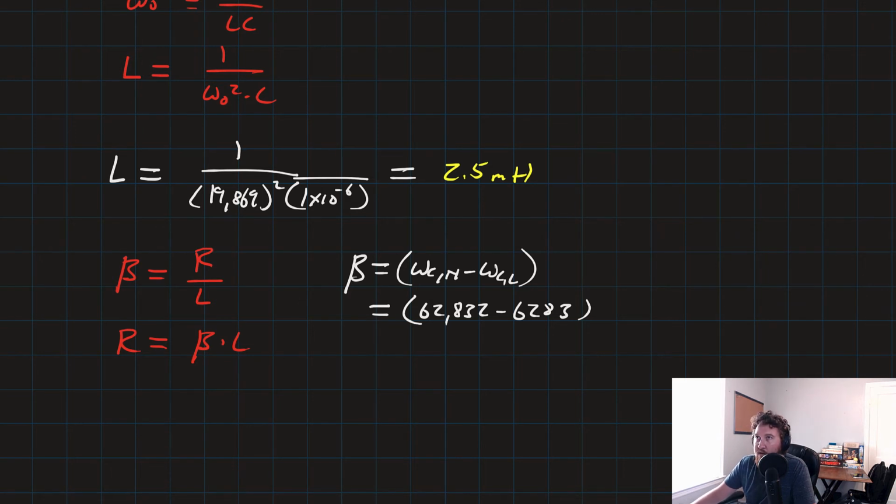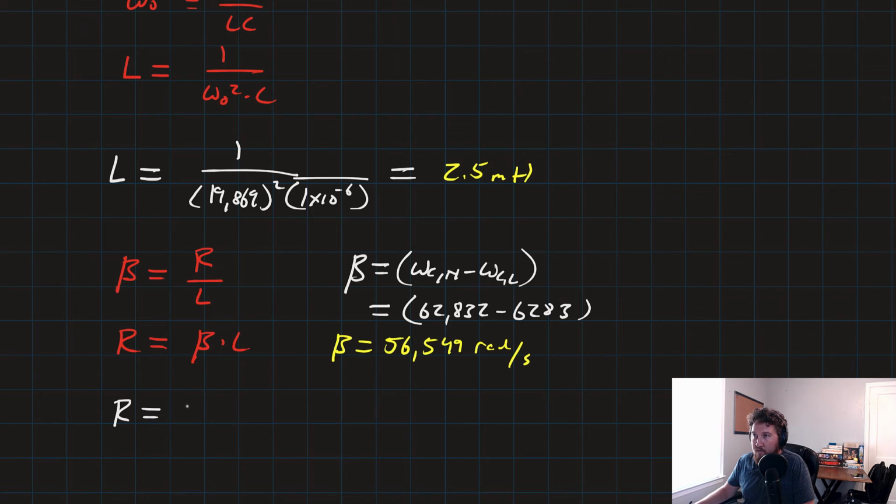Meaning that bandwidth is equal to 56,549 radians per second.